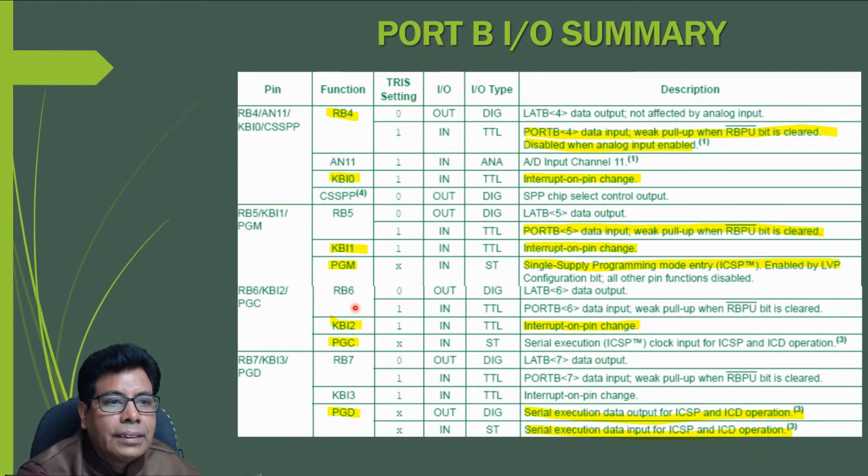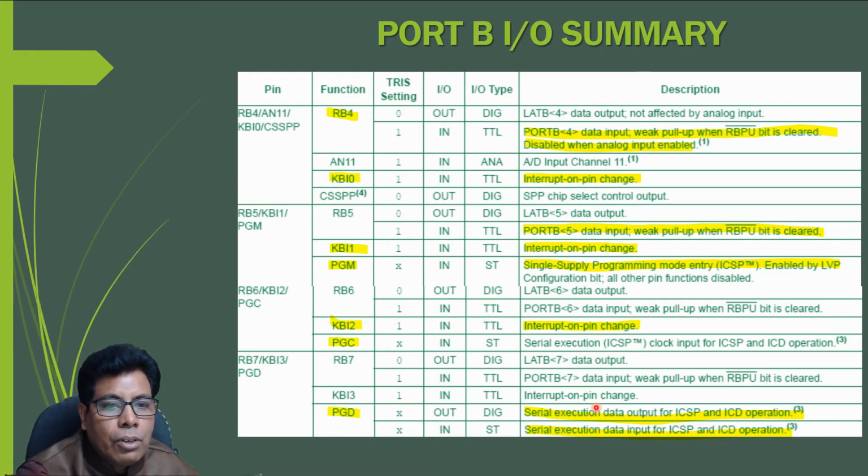Then RB6 is used for input or output, and KBI2, that is interrupt on change, and PGC, that is the serial execution clock input for ICSP and ICD operation. Then RB7, when the TRIS setting is 0, it will be used as output, and 1 it will be used as input, and it is also used for the interrupt on pin change.